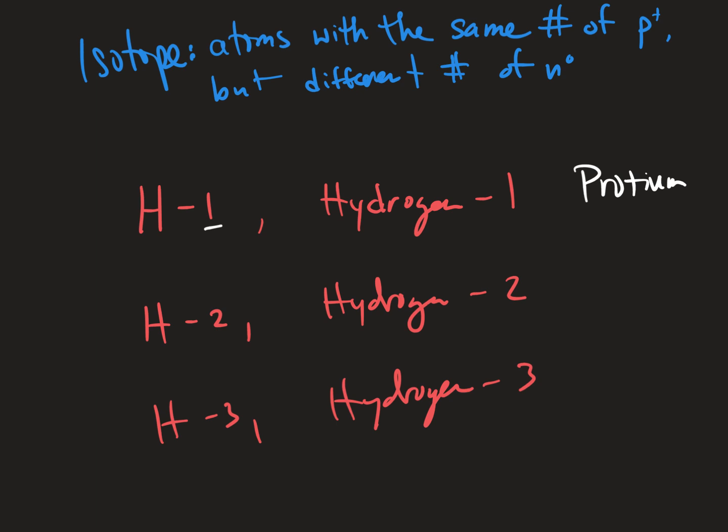Because its mass is 1. That means protons plus neutrons is 1, right? If it has 1 proton, 1 plus what equals 1? 0. Okay. So basically, protium is just a proton. A proton with an electron buzzing around it. And most of the time, that electron is ripped off anyway. Okay, we'll get there.